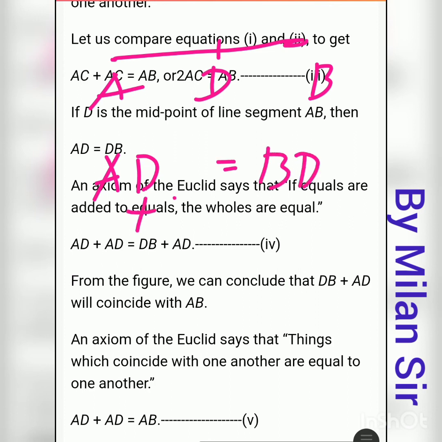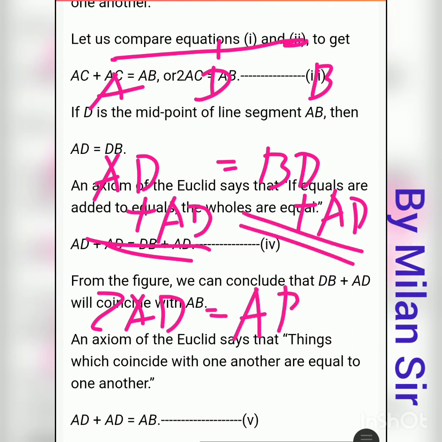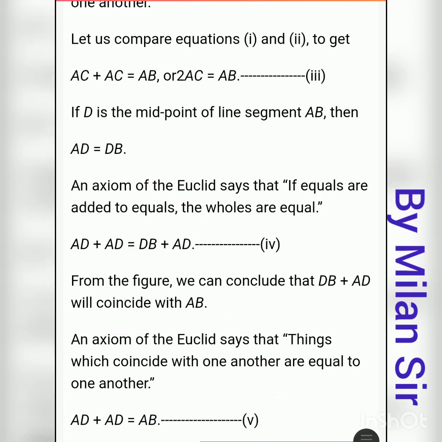Now on both sides we add AD. So AD plus AD is 2AD, and BD plus AD is the full AB. So 2AD is equal to AB.